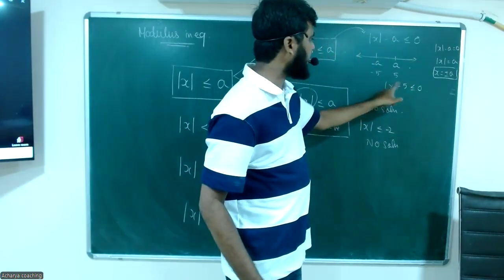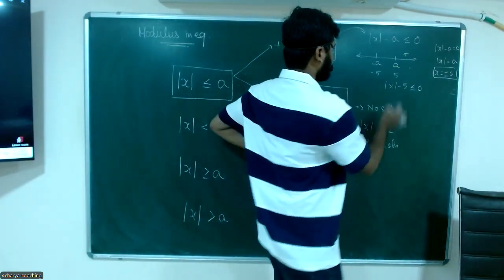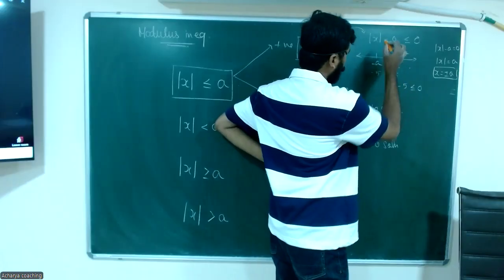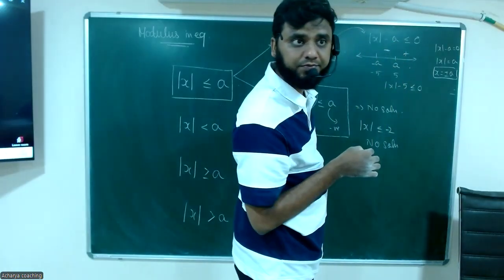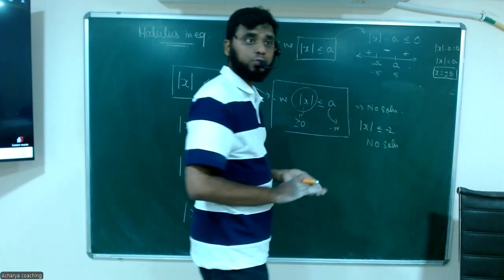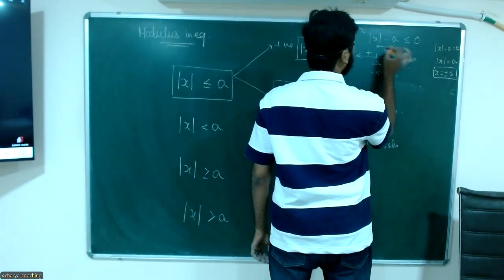So 6 minus 5, positive. Here if I take any value, it will be negative. Clear? Because I can put 0 itself, right? Here this will be positive. I'm just using the concept of wavy curve method. Okay. So lesser than or equal to 0 I need, which means negative.